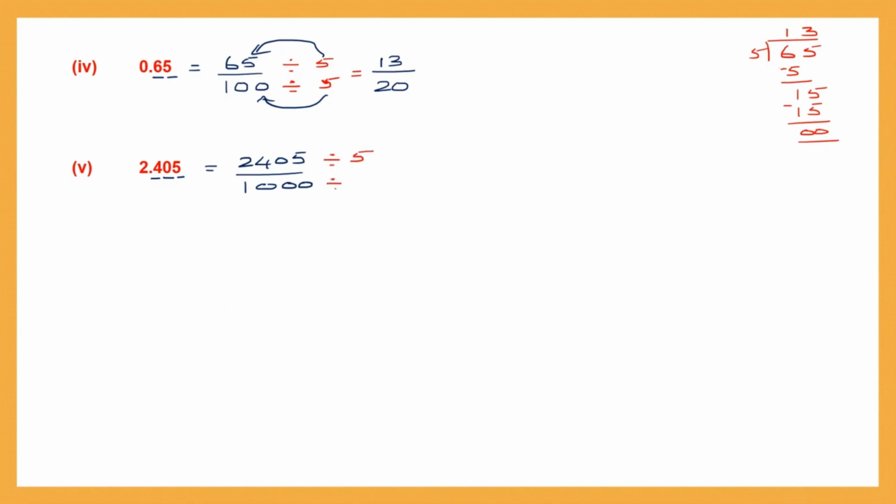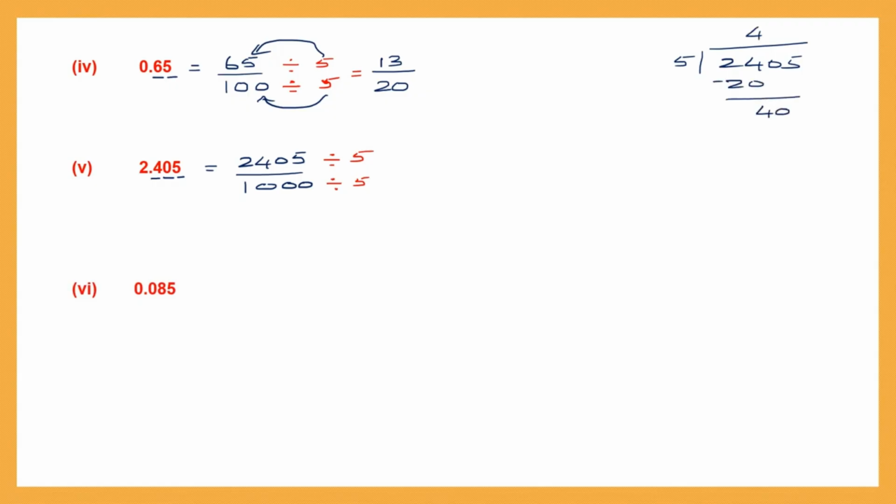So let's divide the numerator and denominator by 5. 2405 divided by 5. Now 24 we have, so 5 fours are 20. So we can write 5 fours are 20, minus, 4, bring down 0, we have 40. 5 eights are 40, minus, now this is 0, we bring down 5. 5 ones are 5.